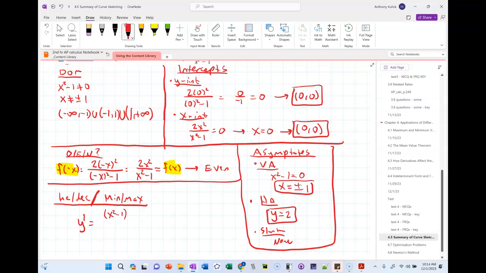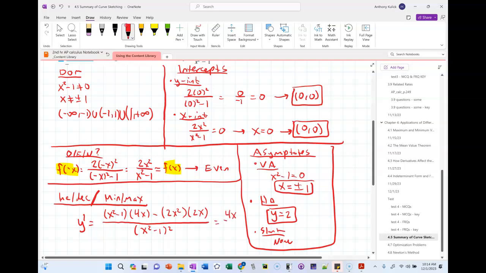So we have the bottom times the derivative of the top minus the top times the derivative of the bottom divided by the bottom squared. Which simplifies down to just 4x over x squared minus 1 squared.